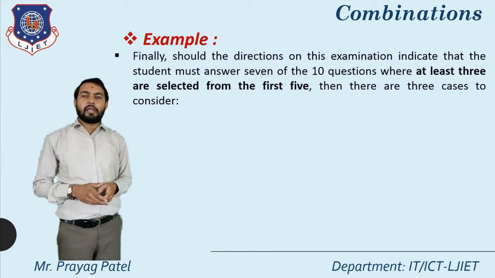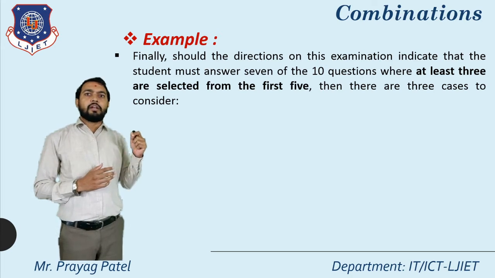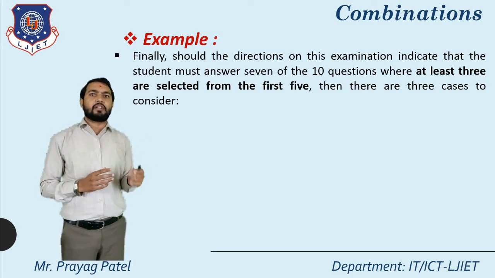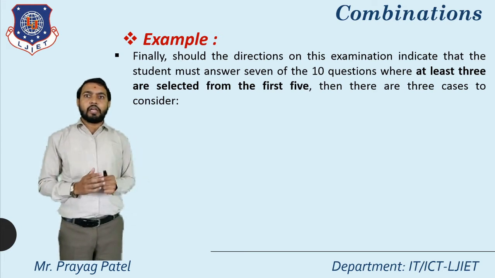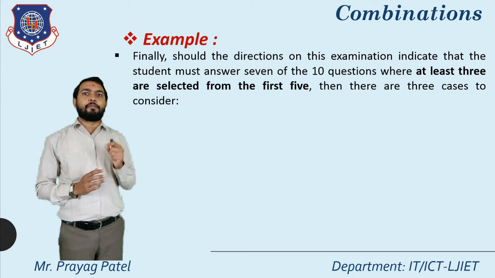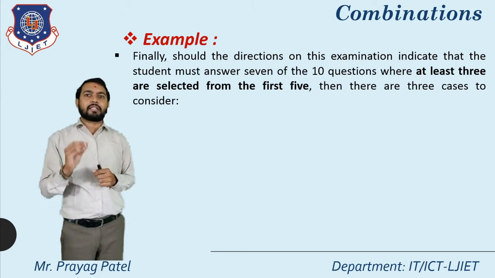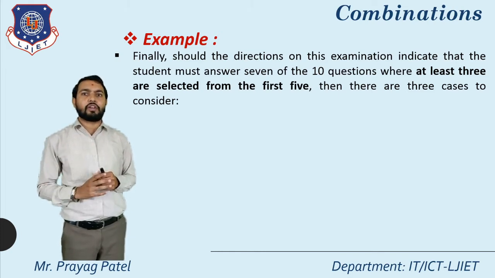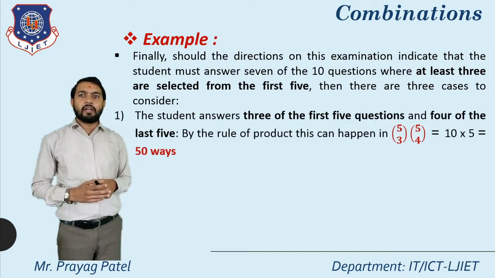Now in this question, if we add something, finally, suppose the directions of the examination indicate that the student must answer 7 of 20 questions where at least 3 are selected from the first 5. So your criterion is you have to compulsorily select minimum 3 questions from the first 5. Then what is the combination?